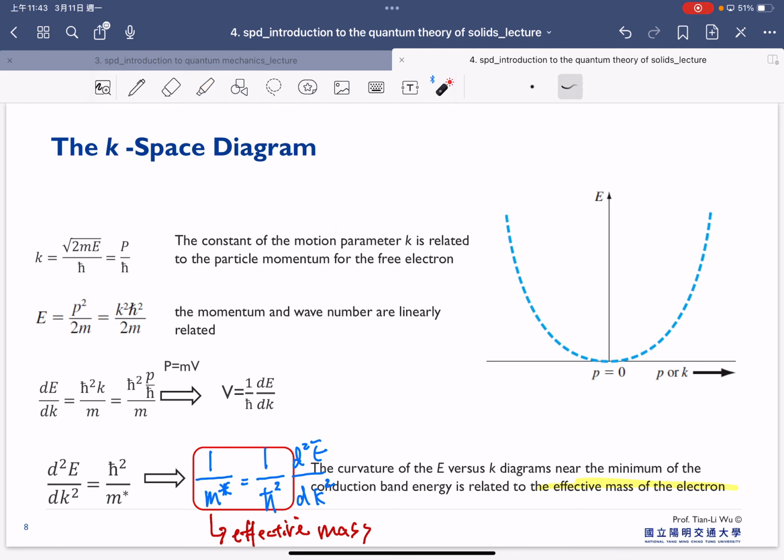Because the second derivative of E versus K is exactly what illustrates the curvature here, right? If you just try to think about this, you will understand. The second derivative just calculates the curvature. So the curvature of this one is related to the effective mass of the electron. In this case, we consider the electron.